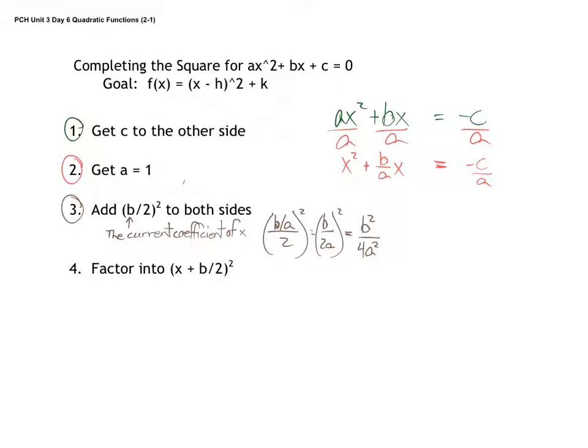I just completed the square. By doing this, we create a trinomial on the left side that will factor into a perfect square. So I'm going to add b squared over 4a squared here, and b squared over 4a squared here.